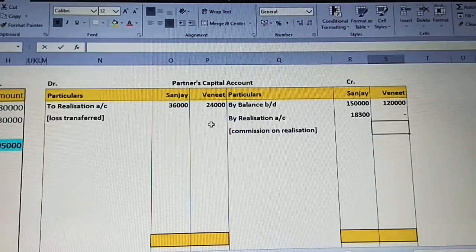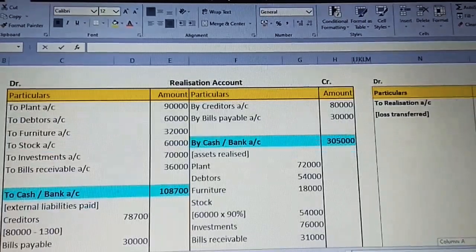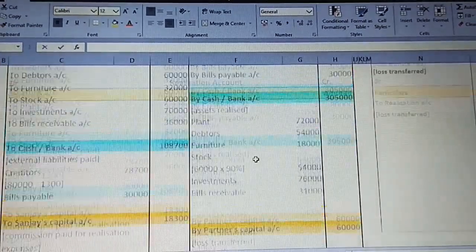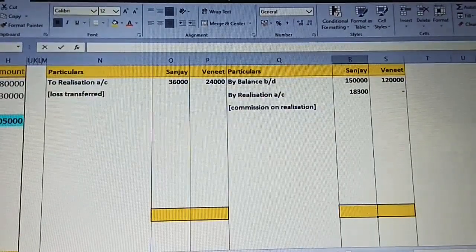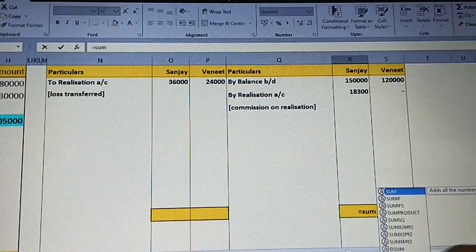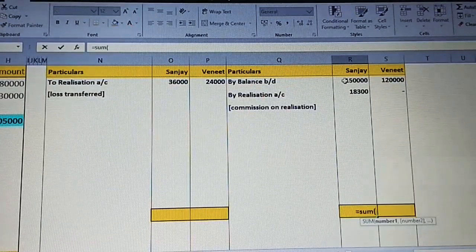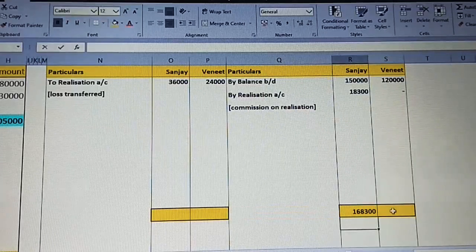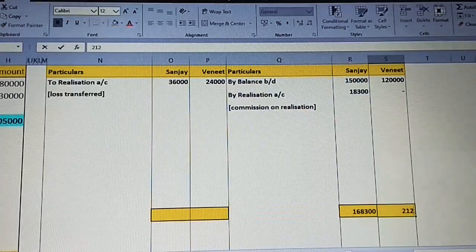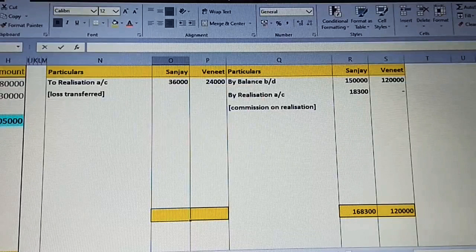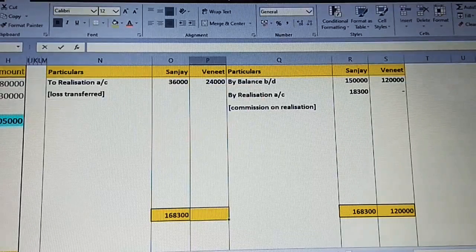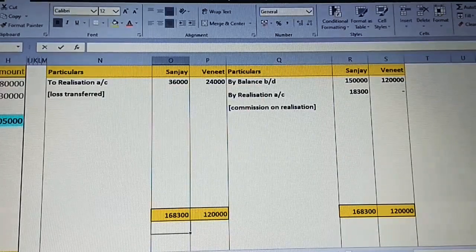Okay. We have taken up the items related to partners capital account. There is no item related to the capital loan getting affected. It's only two. We are going to close the account now and check what actually is going to be the value to be paid to the partners, the final settlement. $1,68,300, $1,20,000.